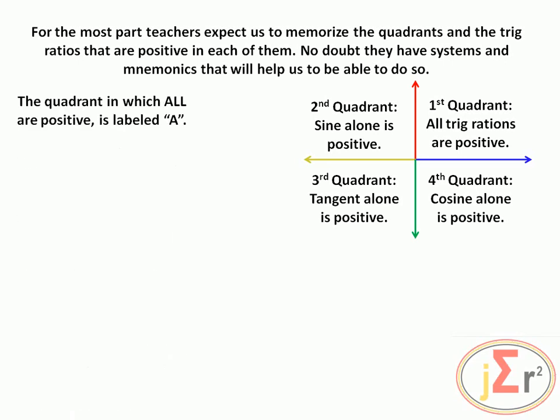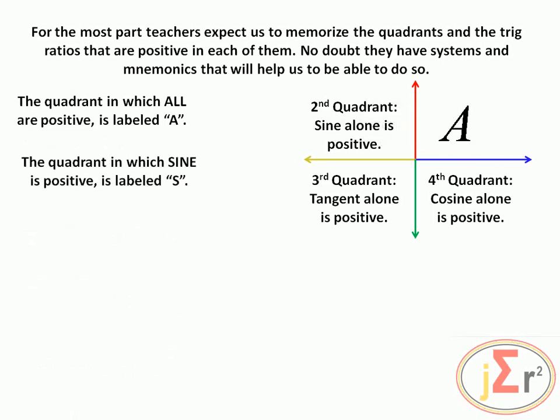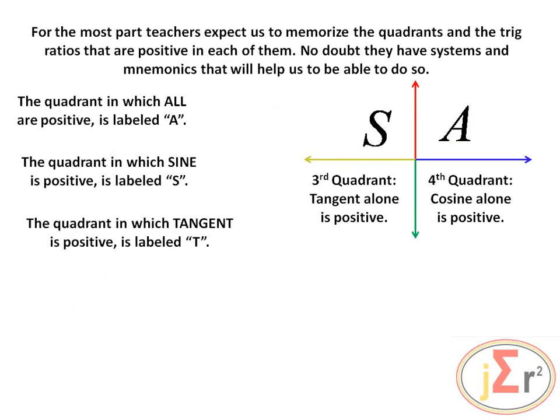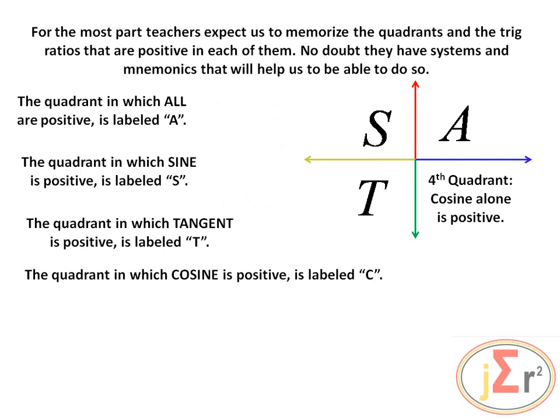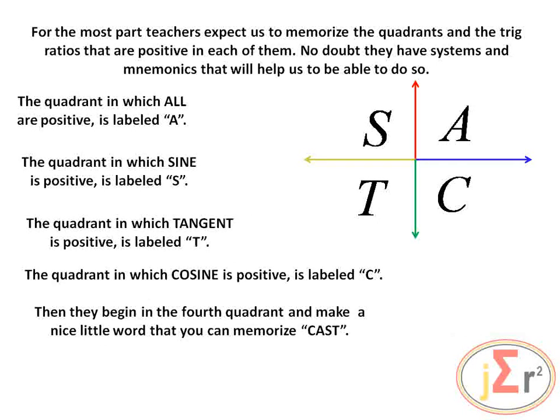The quadrant in which all are positive is called A. The quadrant in which sine is positive is labeled S. The quadrant in which tangent is positive is labeled T. The quadrant in which cosine is positive is labeled C. Then they begin in the fourth quadrant and make a nice little word that you can memorize.